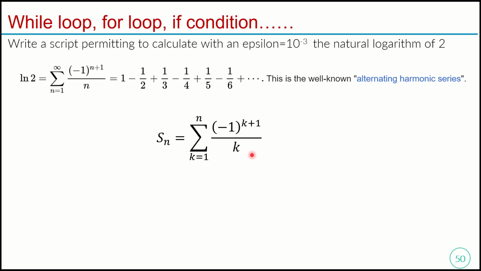We should calculate this until the absolute value of Sn plus 1 minus Sn becomes less than the epsilon given here. I tried with 10 exponent minus 6 but it takes a long time to converge, especially if you print the different iterations, so I've chosen 10 exponent minus 3 as the precision.